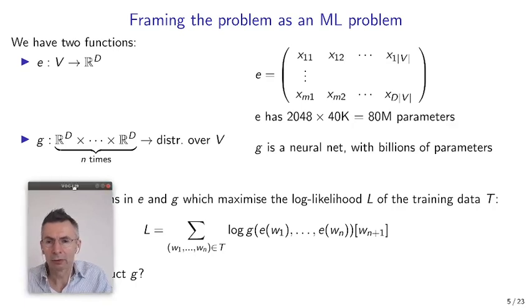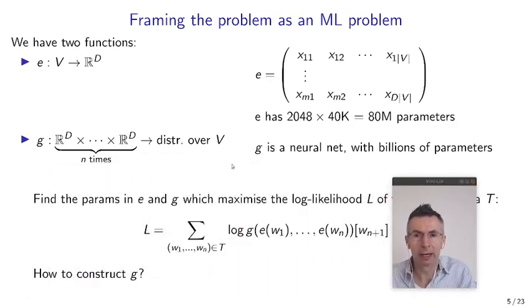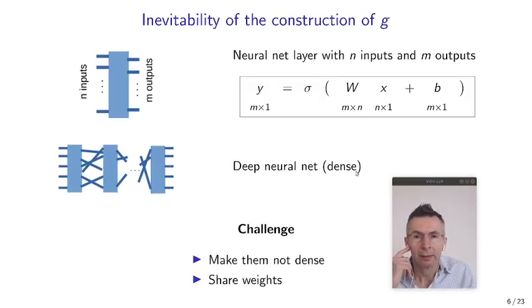So how to construct G is the question that we now face. How to construct this neural net with billions of parameters. Well, let's look at how neural nets work. I assume that you're almost certainly already familiar with how neural nets work, and therefore you know that the fundamental calculation in neural nets is one which, given an input vector, let's say of length n, this particular layer will output another vector of length m.